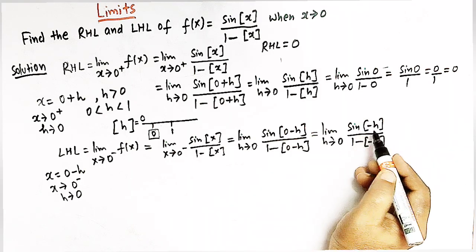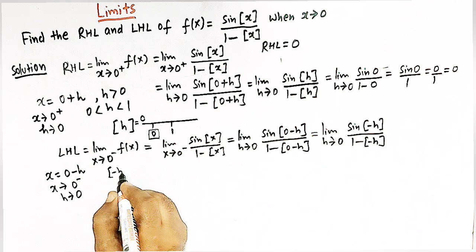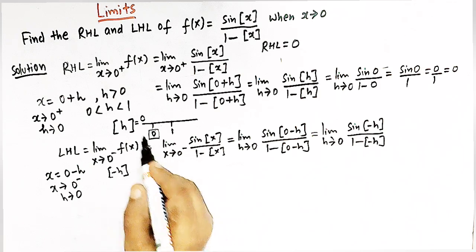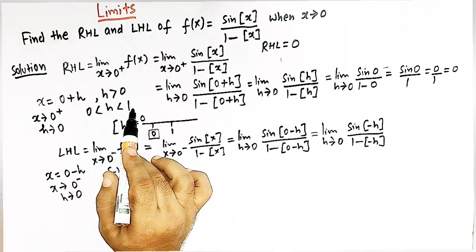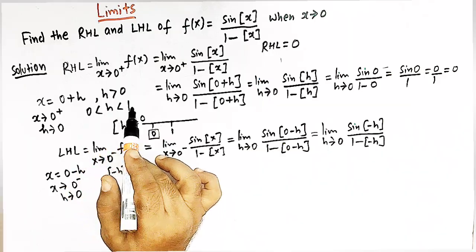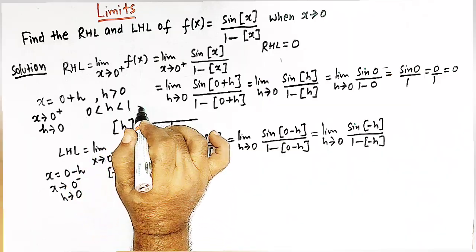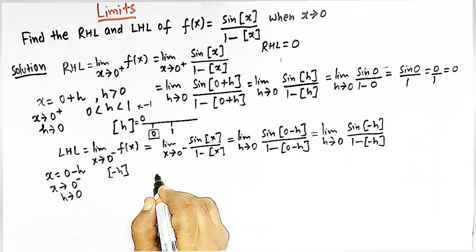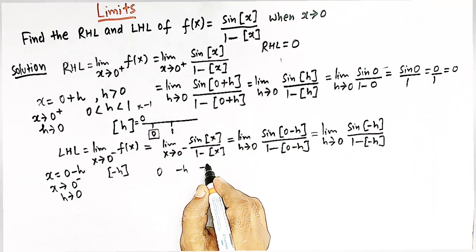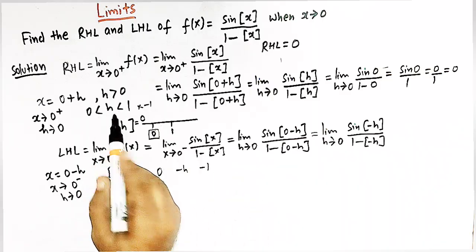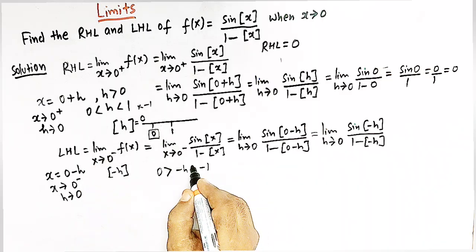Now we need the greatest integer of minus h. If we multiply the inequality 0 < h < 1 throughout by -1, the direction of the inequality gets reversed.